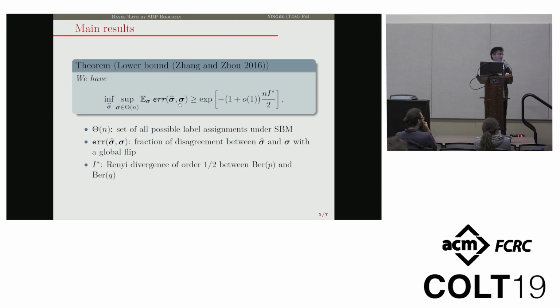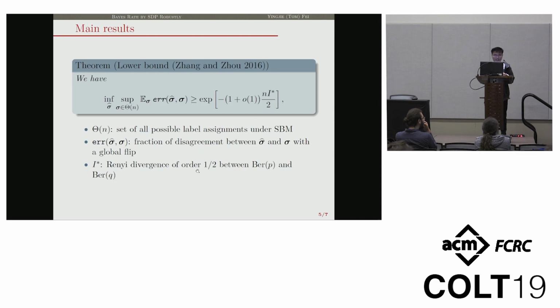So it's the difference between sigma hat and plus sigma or minus sigma, and we take the smaller of the two. The set we take over is the set of all possible label assignments with two clusters of roughly equal size. So this is the Bayes rate. The right-hand side shows the lower bound, which is of an exponential form, and this is the goal that we wish to achieve.